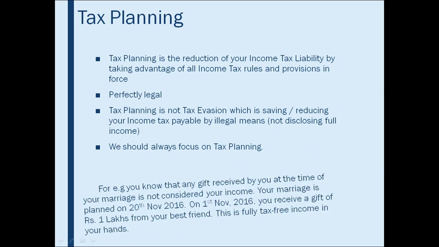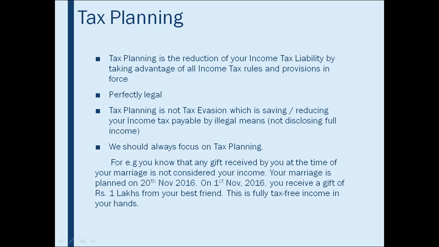And for example, this is just an example. Under the Income Tax Act, if you receive any gift at the time of or before your marriage from anybody, then that is completely tax free. Normally, up to 50,000 of gifts under certain specific situations or received from certain specific persons is exempt, but more than 50,000 gift is taxable.